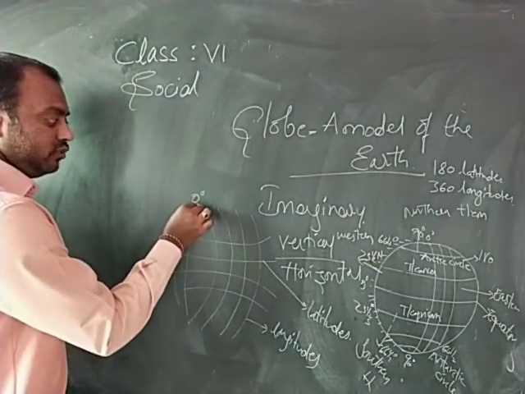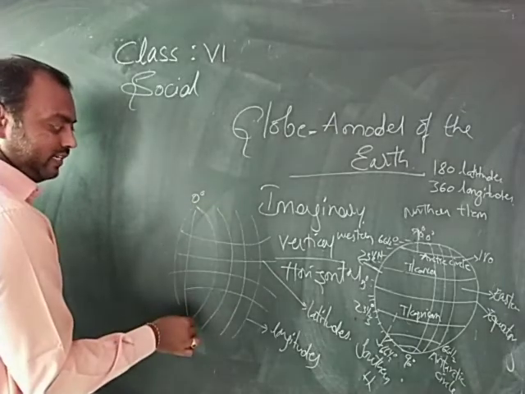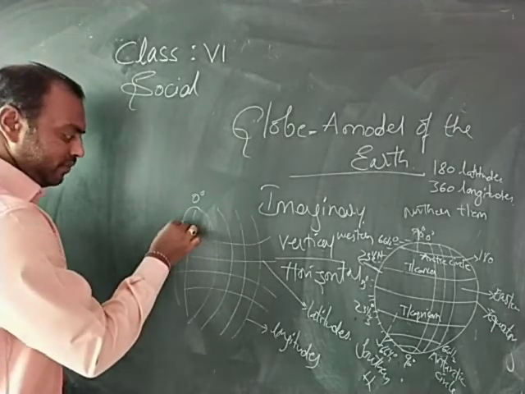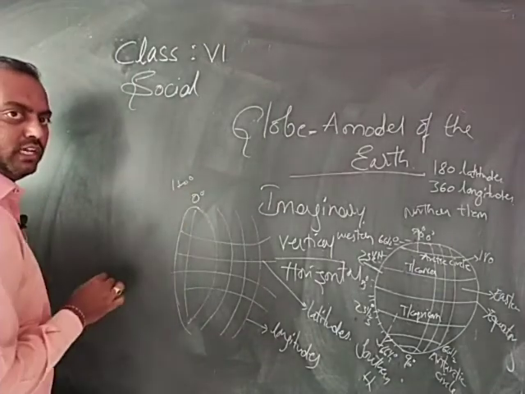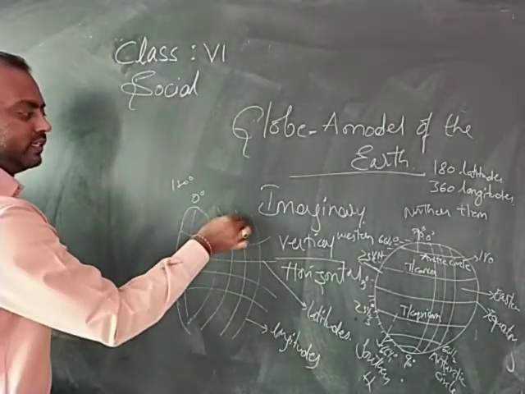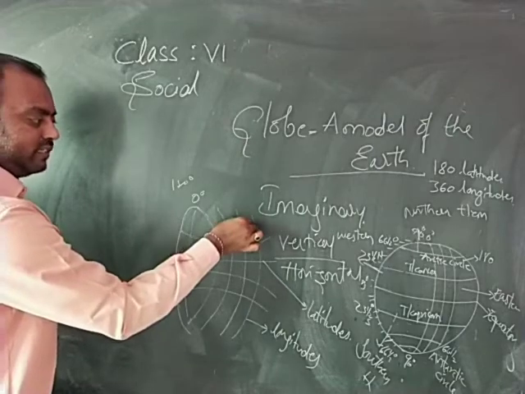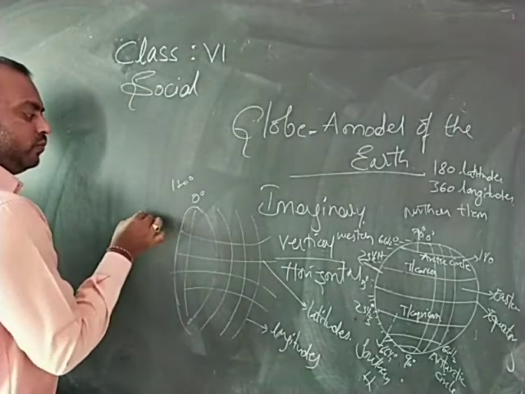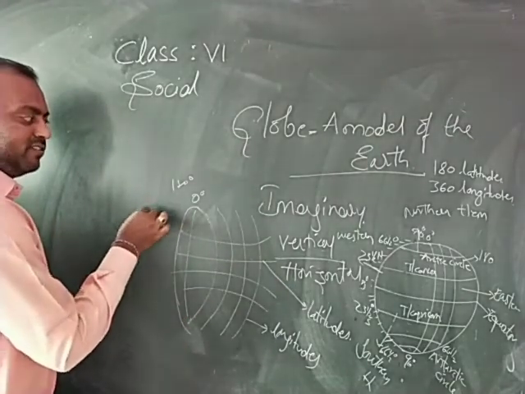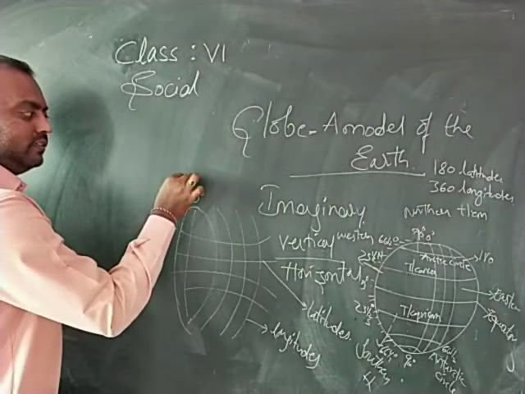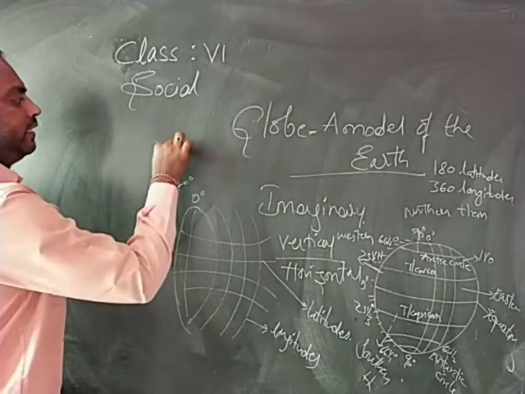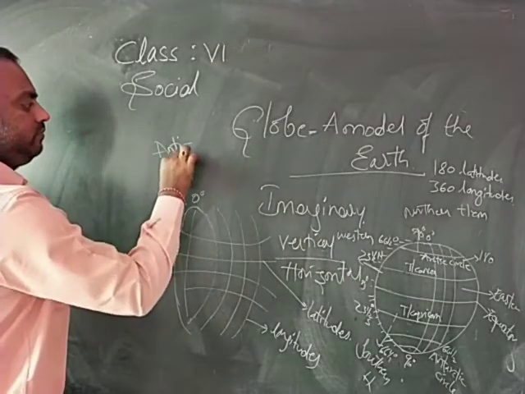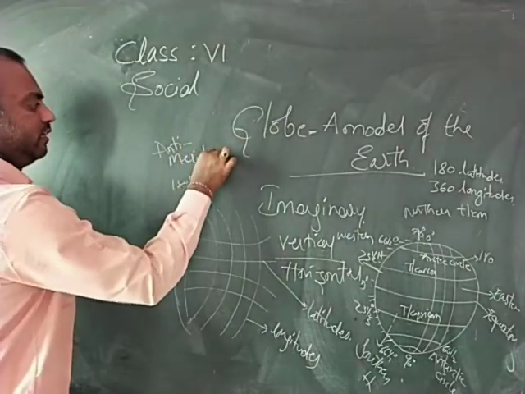And when there is a 0 degrees longitude this side, exactly to the opposite direction there is a longitude called as 180th longitude. Because there are 180 longitudes present in the eastern hemisphere and 180 longitudes present in the western hemisphere, and this 180th longitude we call it as the anti-meridian. What do we call it, children?